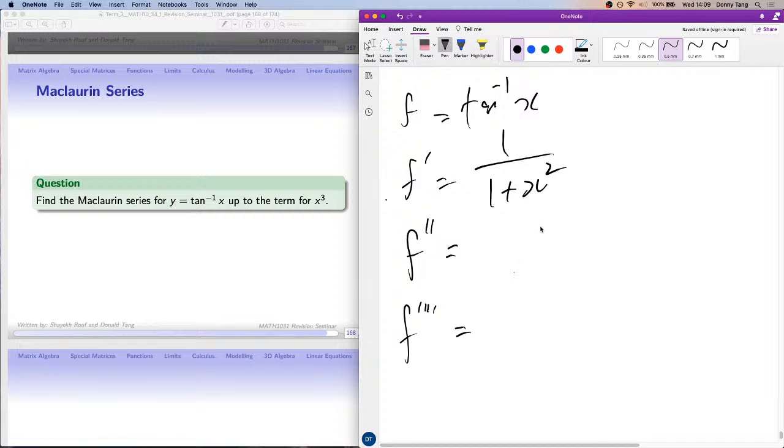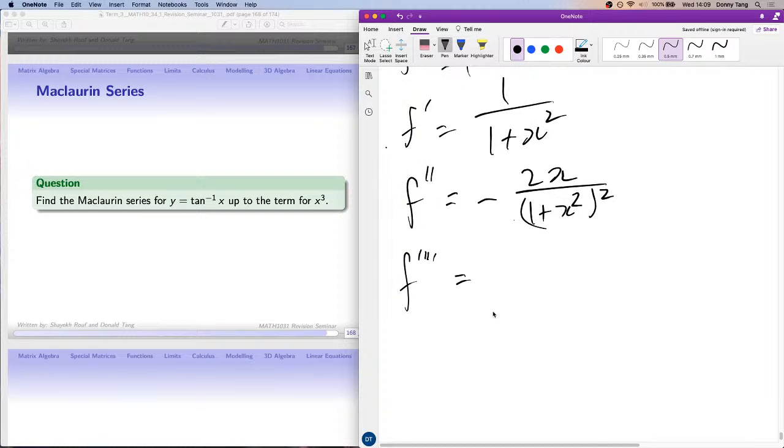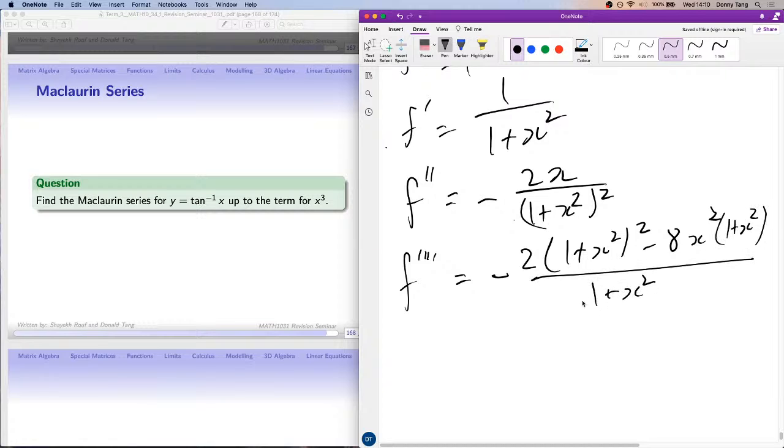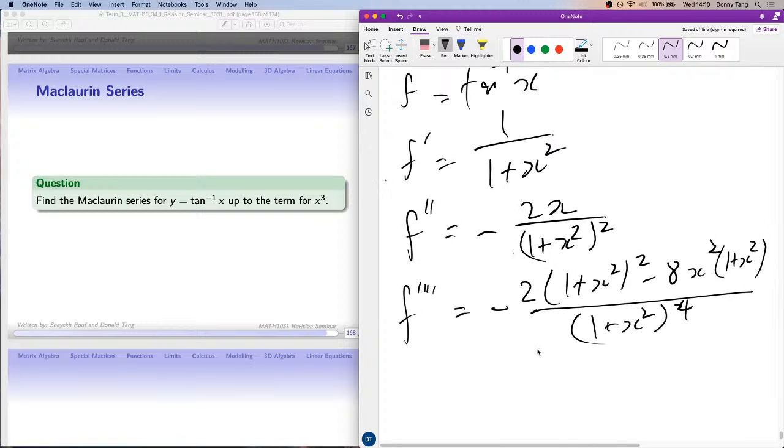This one's just going to be negative 2x on 1 plus x squared, squared. And the third is going to be some really long, convoluted thing. Actually, it's going to be the quotient rule. So yeah, that's going to be your derivatives.